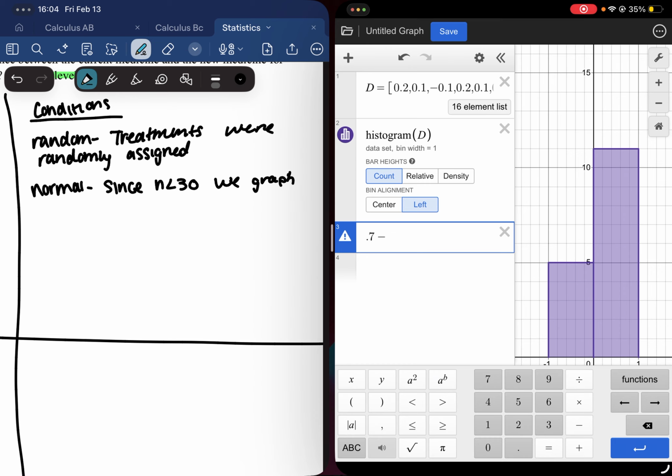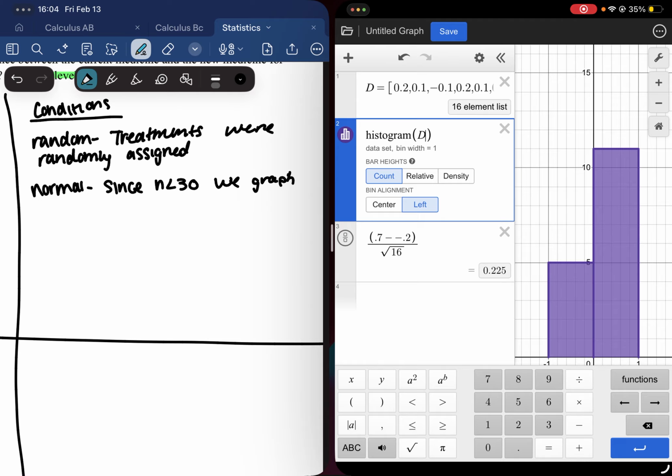I don't think I had any 0.3s. Yep, so negative 0.2. And then I'm going to divide that by the square root of my sample size, which is 16. And I get 0.225. So I'm going to go ahead and try that out and see if it adjusts my bins.